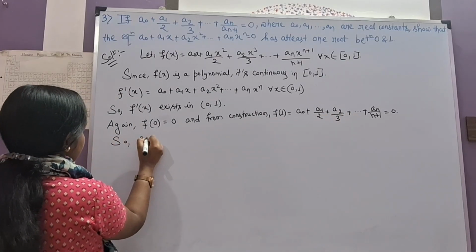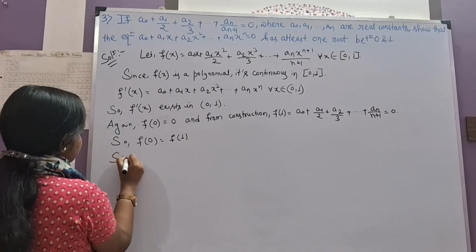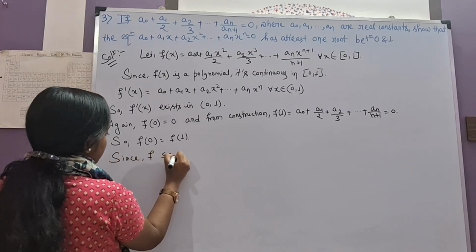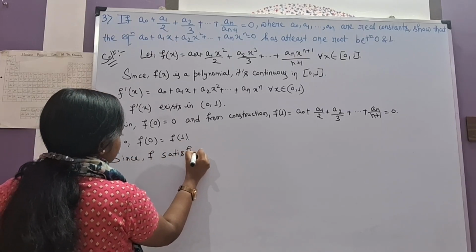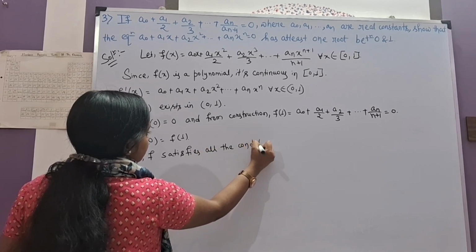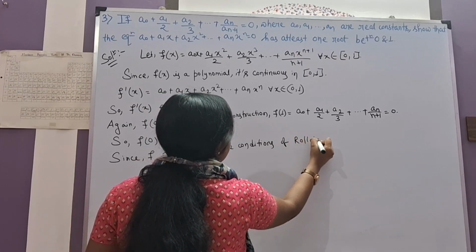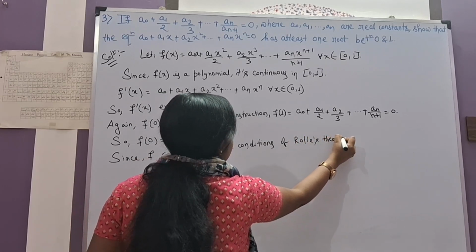So f of 0 equal to f of 1. Since f satisfies all the conditions of which theorem? Yes, Rolle's theorem. What we can say?